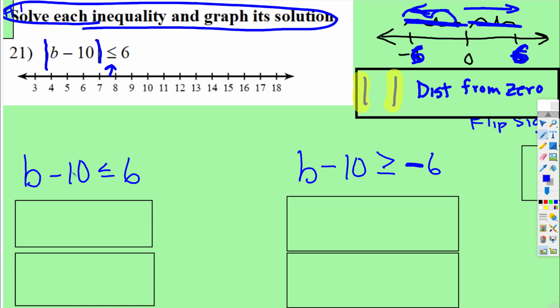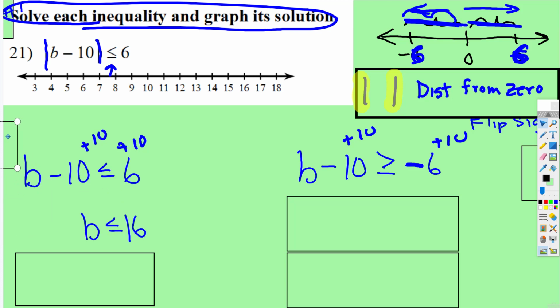To get b by itself, the inverse of subtracting 10 is adding 10. And we could do that on both equations. And then when you simplify that, 6 plus 10 is 16.